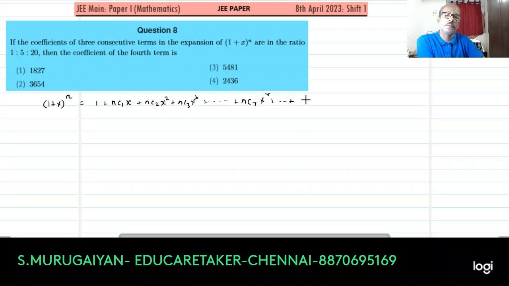At last nCn x power n. This is the expansion of the binomial to the index n, where n is a positive integer.